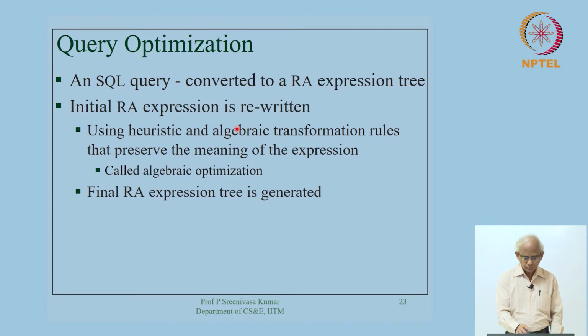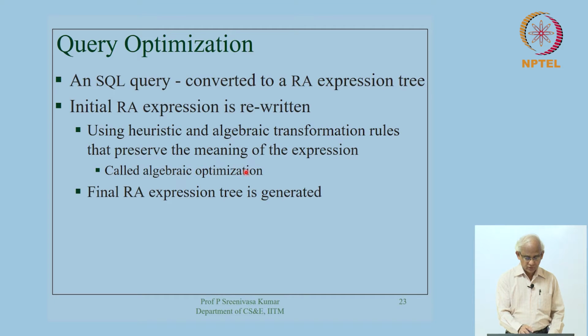So I will not go deep into these algebraic transformation rules, but you can imagine we will mention some of them. And in addition to the algebraic transformation rules, we also use certain heuristics and then rewrite this relational algebra expression into an expression which is amenable for execution.